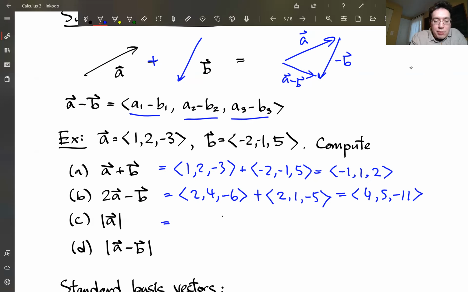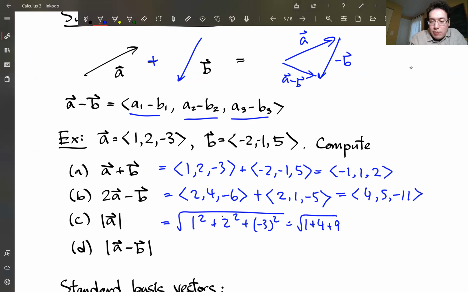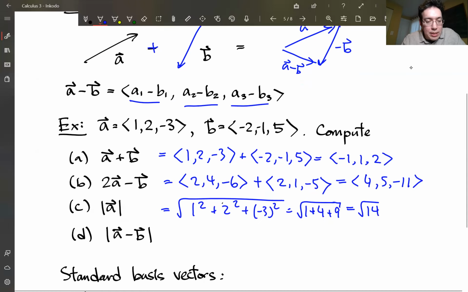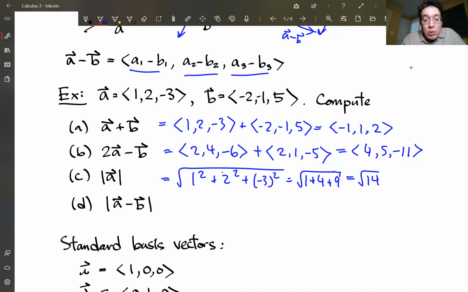Computing the magnitude, we could just do by Pythagorean theorem. So that's 1 plus 4 plus 9. Square root of 14. That's not a nice number. And then we can compute the magnitude of a minus b? Well, we could first compute a minus b.